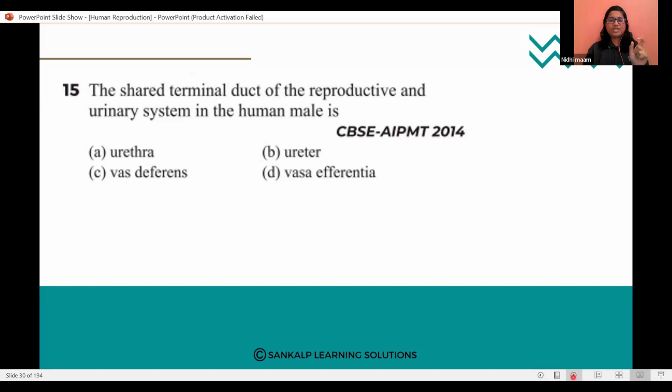The shared terminal duct of the reproductive and urinary system in human male is option A, urethra, option B, ureter, option C, vasa deferens, option D, vasa efferentia. Which is the shared terminal duct in human male? That is, a part in the excretory system also and the reproductive system also.